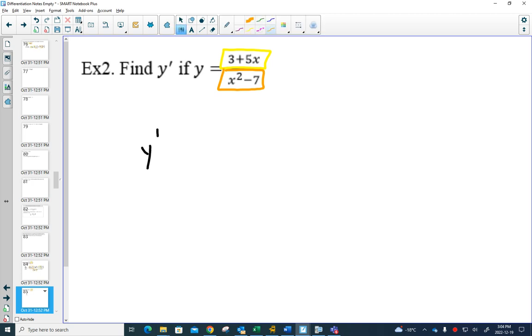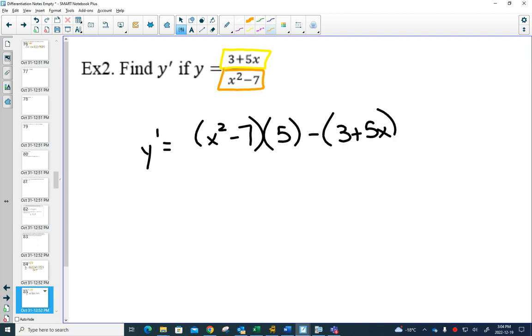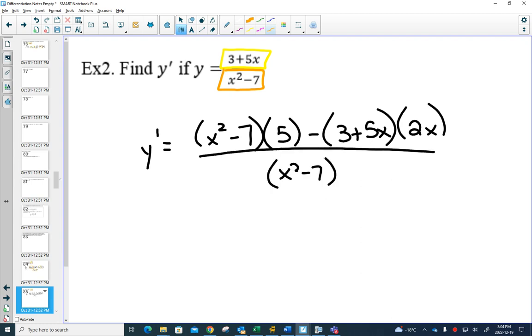So, the derivative would be keep the top the same, keep the bottom the same, multiply by the derivative of the top, minus keep the top the same, multiply by the derivative of the bottom, over the bottom squared.